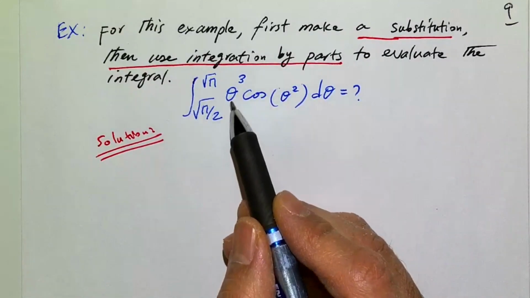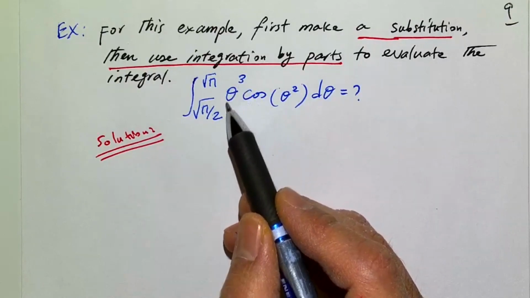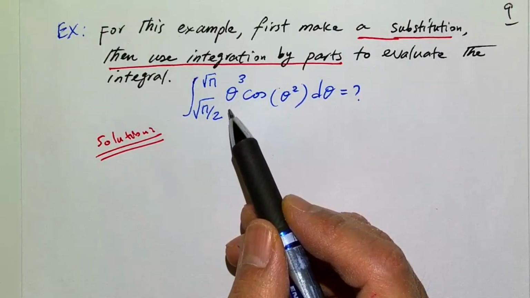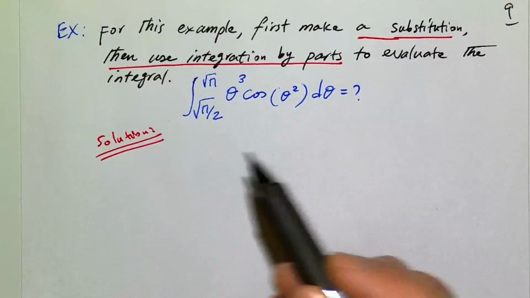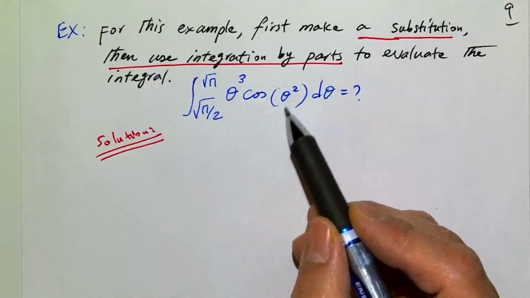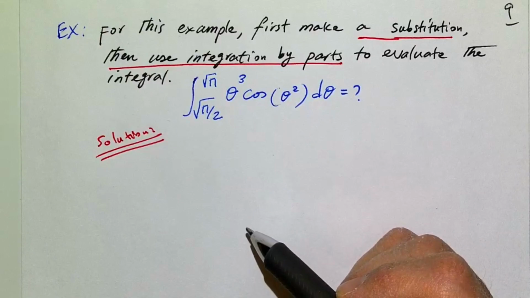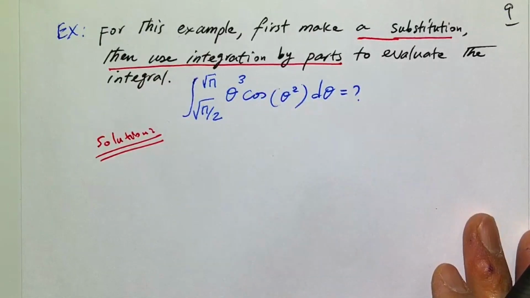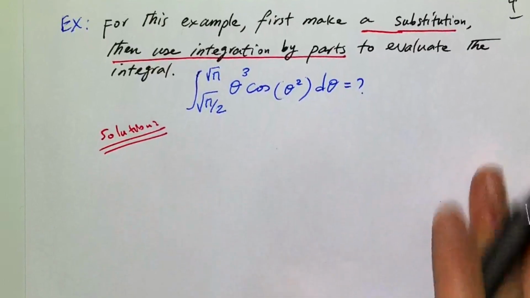Notice that if I break up this theta cubed into theta squared times theta, then I have created a theta squared, which is similar to the argument of this trigonometric function. So let's do that as the first step, to use the substitution before using the integration by parts.